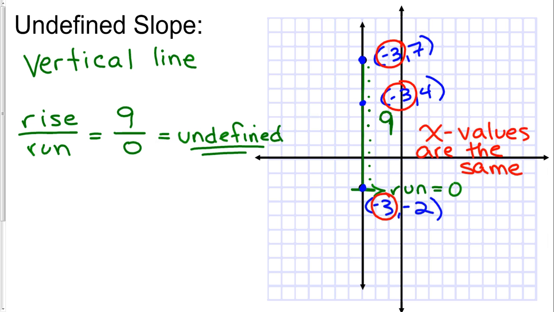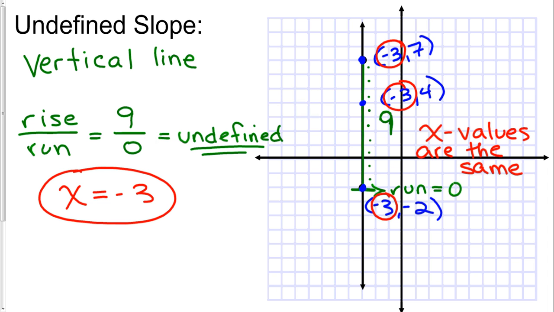Now with our horizontal line, all of our y values are the same. With our vertical line, all of the x values are the same. So in this case, it's going to be x equals negative 3, because every point had an x value of negative 3. So there's your undefined slope.